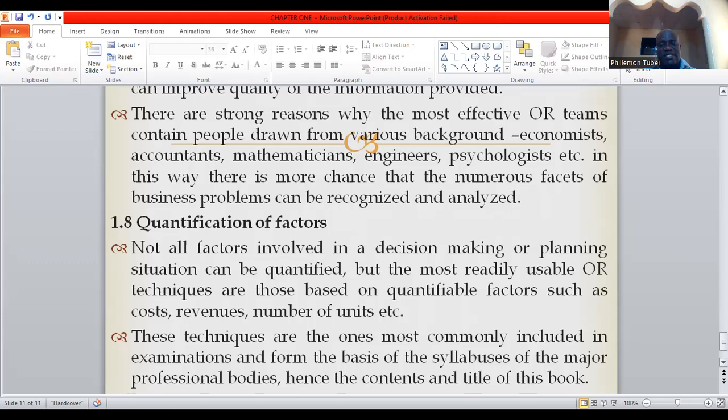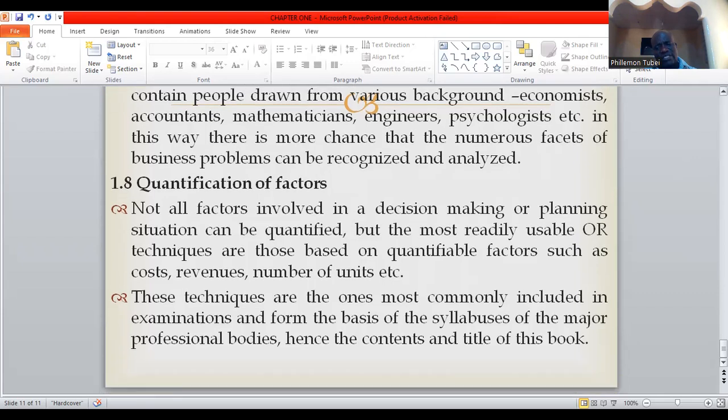Hence, the contents and title of this book, and the whole course, in as far as the introduction to quantitative analysis for business decisions. Therefore, you will agree with me that the quantitative aspect is important.